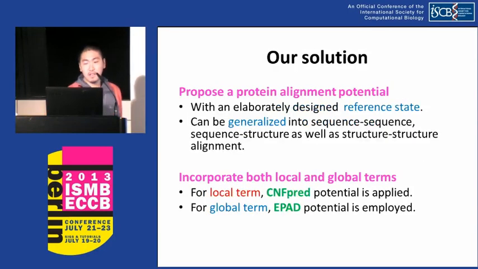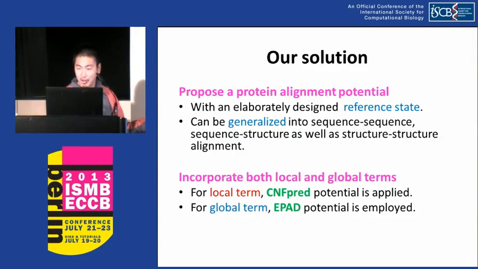Our solution for these two problems is, first, we propose an alignment potential with an elaborately designed reference state, and the model can be generalized to sequence-structure as well as structure alignment.